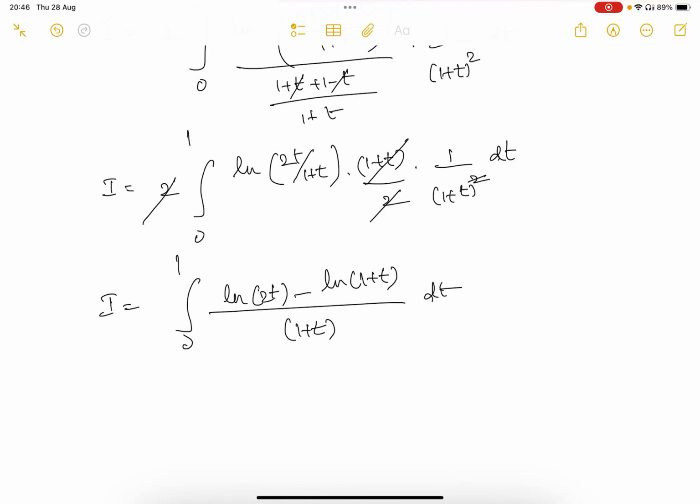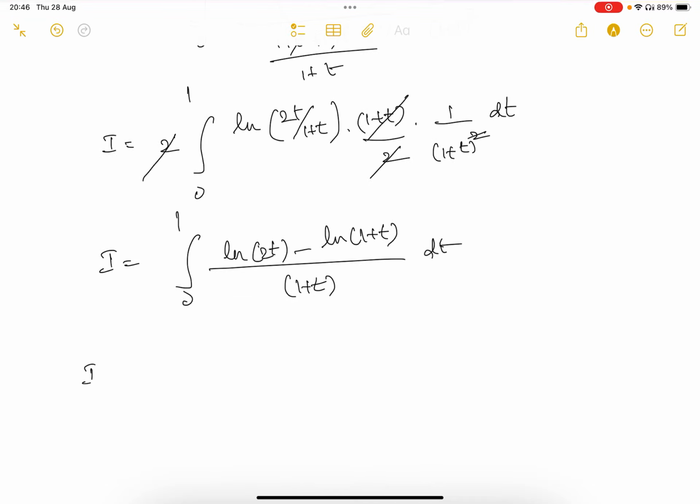Fine. Then let's evaluate this step by step. So I can be written as integral 0 to 1, ln ab is ln a plus ln b, right?